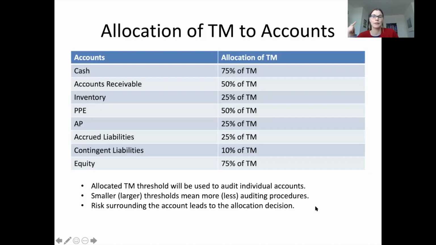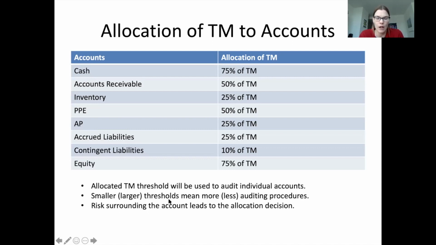Okay, so coming back to this slide, hopefully you understand now that these allocation of TM thresholds just represent the testing thresholds when I'm within the individual accounts doing tests.